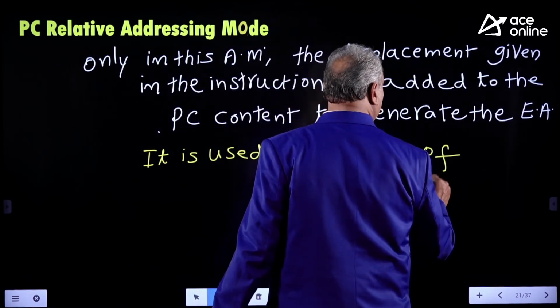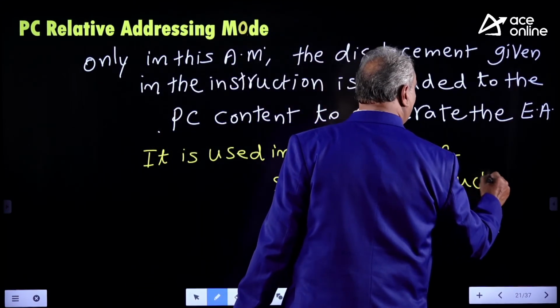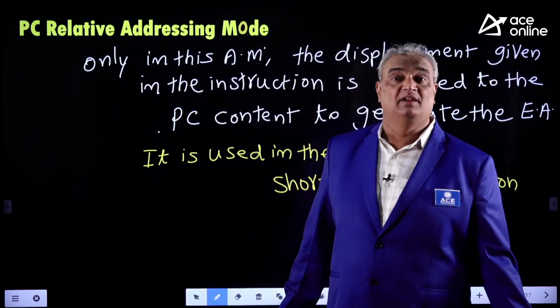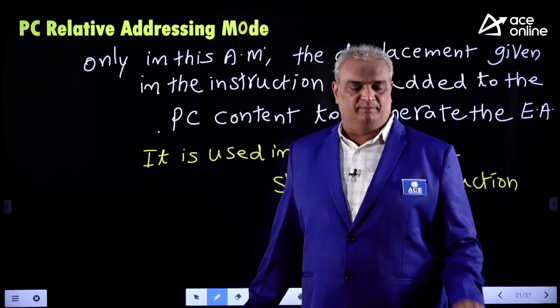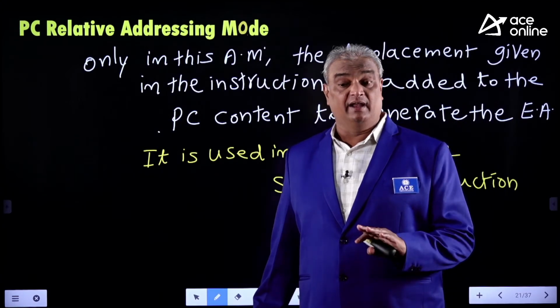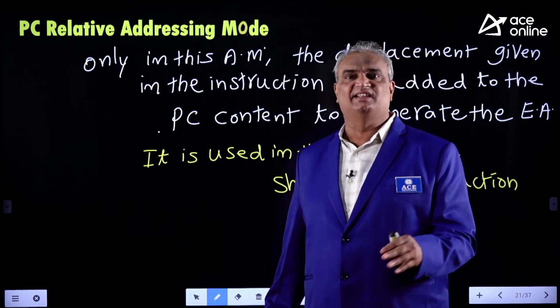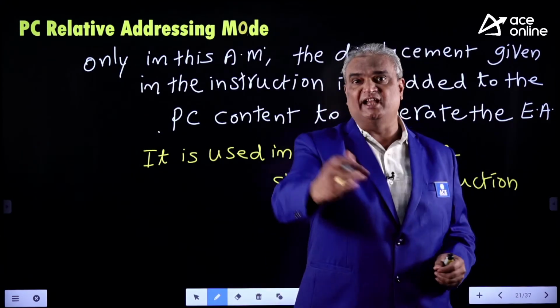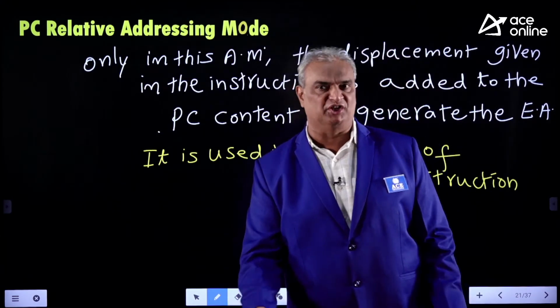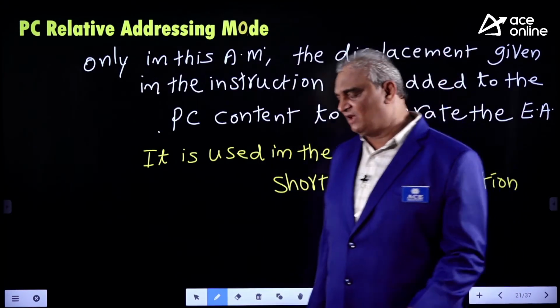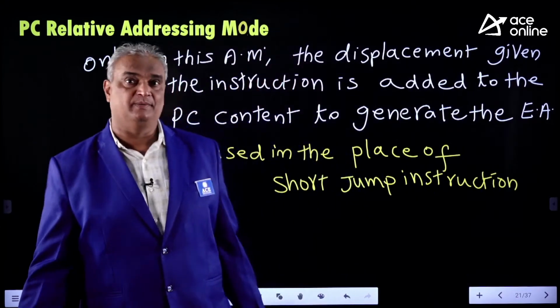What are short jump instructions? What is a long jump instruction? Short jump instruction means when the difference between the present PC content and the target instruction address is less than or equal to 8 bits in the given address, then it is a short jump. Otherwise, it is a long jump. What is forward jump and what is backward jump?